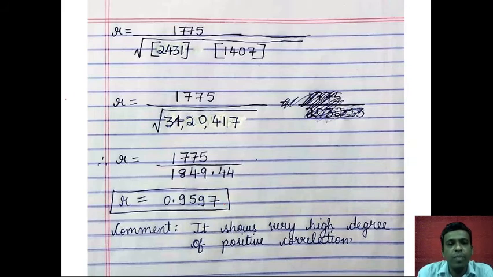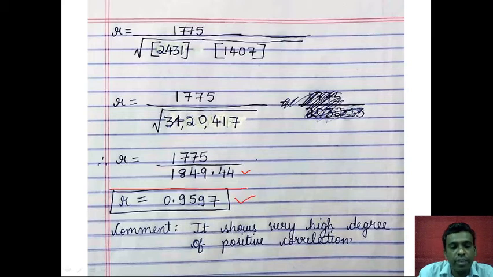So if you multiply both of these, what will you get? You will get 34,20,417 in the square root sign, and numerator remains the same. So just copy the numerator down, find the square root of 34,20,417. You will get answer as 1849.44, and r equal to 0.9597 is what you will get.